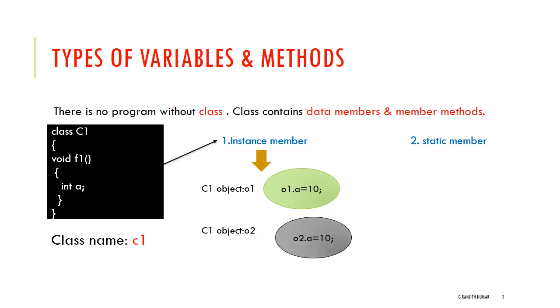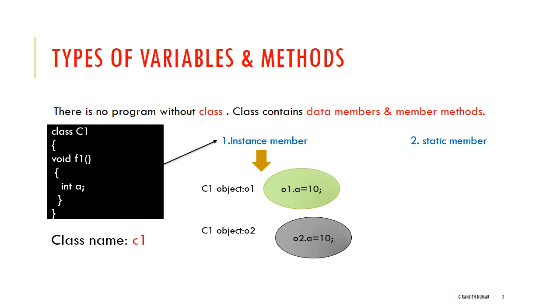When the O2 object is created for the same class, again a separate memory location is created for the A variable. Like this we can create any number of objects for the class, and every time an object is created, a separate memory location is allocated for the members of the class. No memory location is shared by any other object.